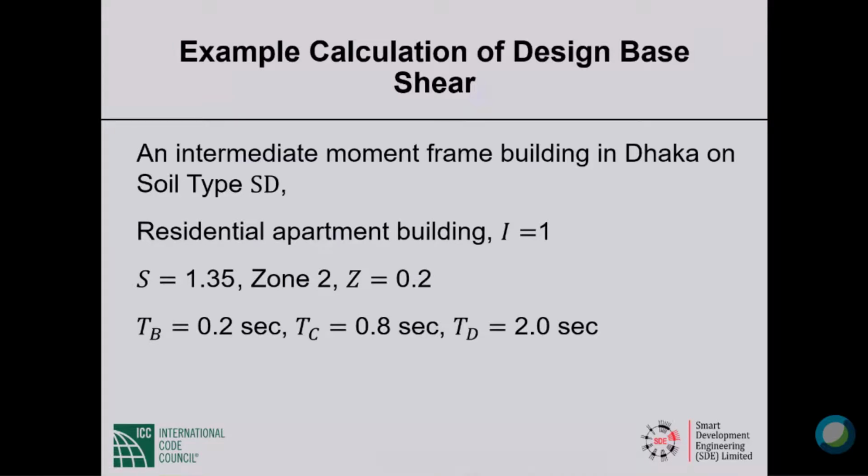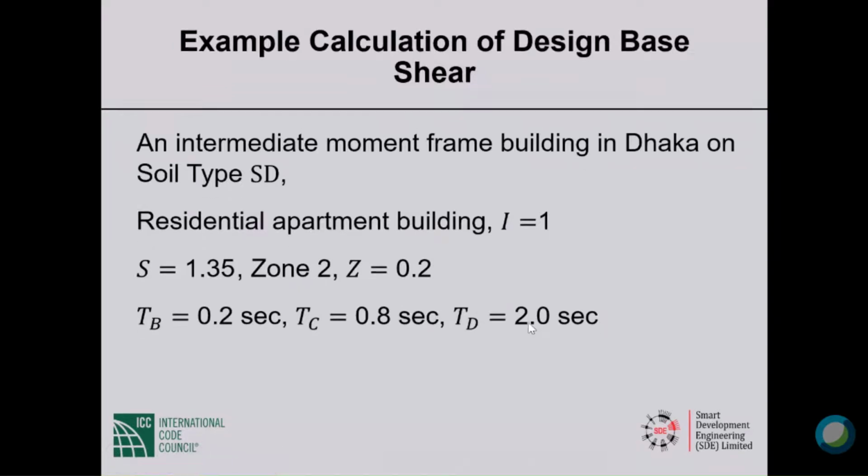Residential apartment building, I is equal to 1. Dhaka is in zone 2. S is 1.35 for SD soil. For zone 2, Z is 0.2. These values are given in BNBC. T sub B is 0.2 second, T sub C is 0.8, and T sub D is 2.0 second.